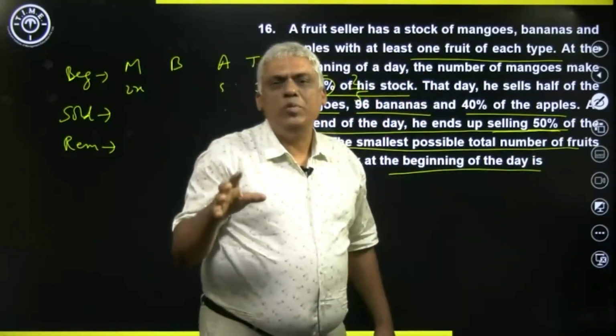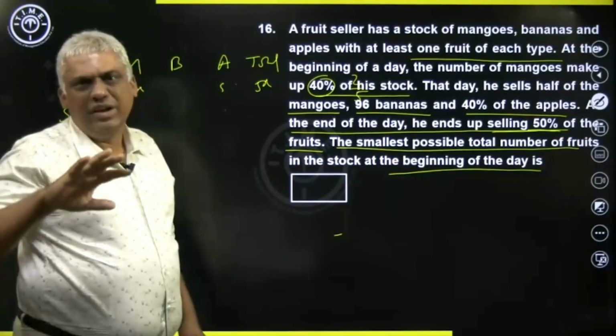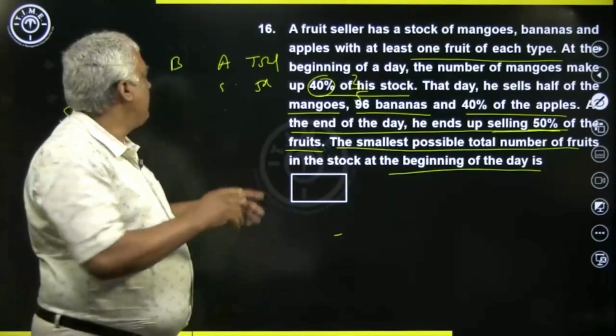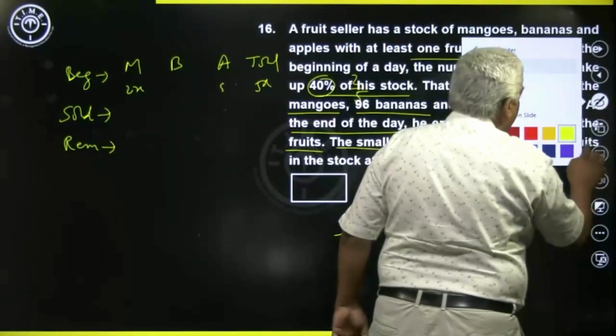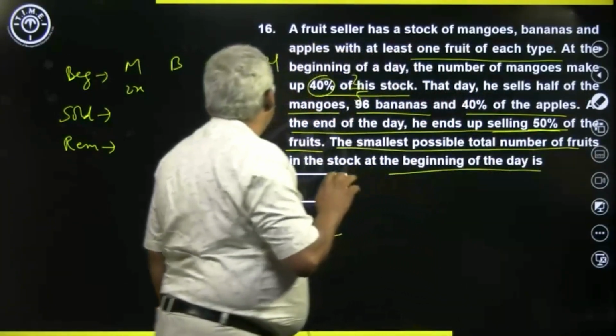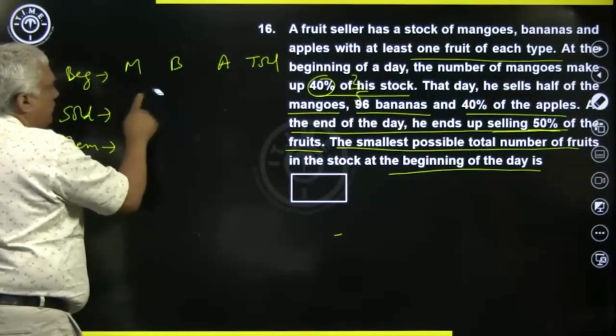So fruits remaining will be 50%, that is half of 5. I will end up with a fraction. I don't want to use a fraction, so instead of 5x we can take 10x. That will make the calculation easy, right? So instead of 5x, let's take 10x.